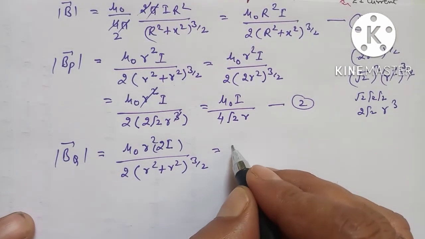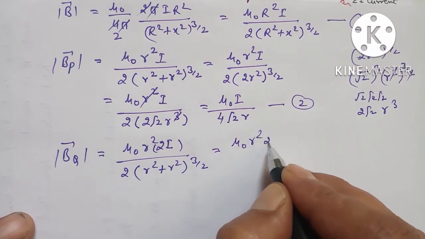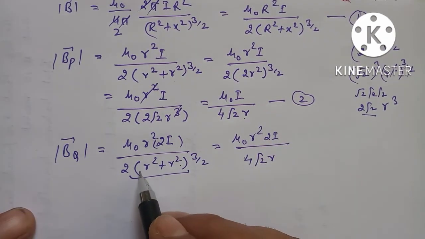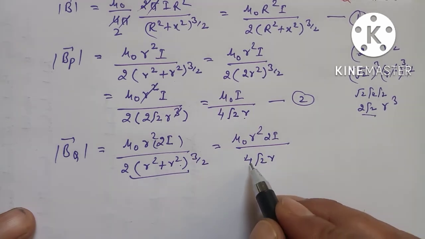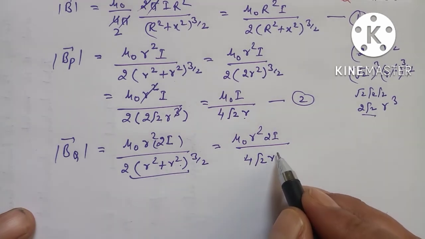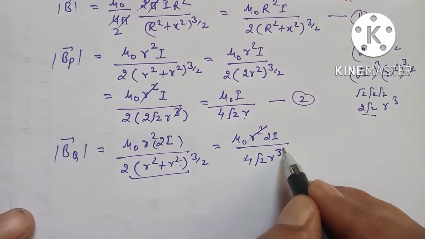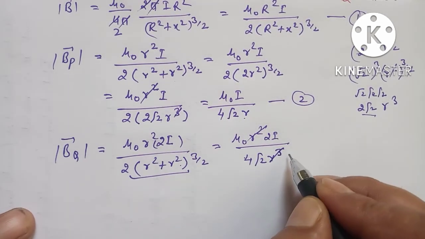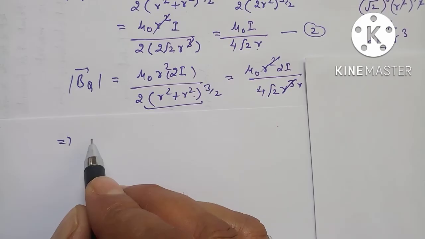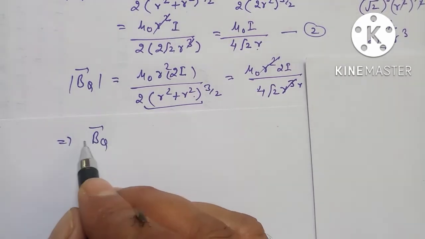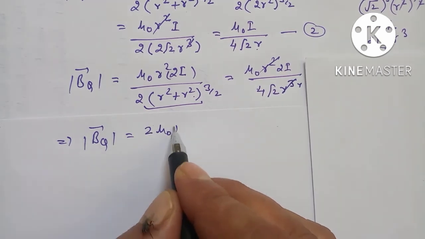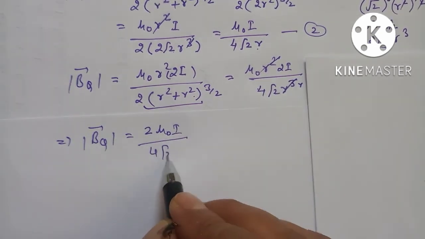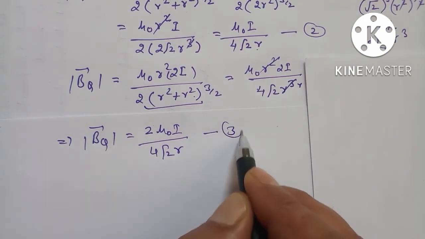This is equal to mu naught r square 2I over, when we solve (r square plus r square) raised to power 3 by 2, we get 4 root 2 r cube. Here r square cancels with r cube, and only r is left. Mod of BQ vector is equal to 2 mu naught I over 4 root 2 r. This is equation number 3.